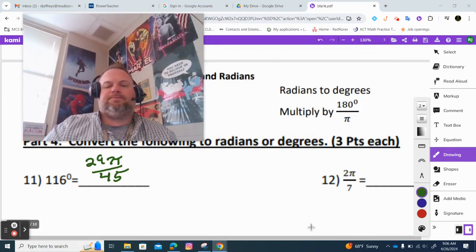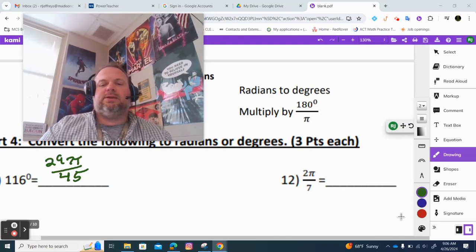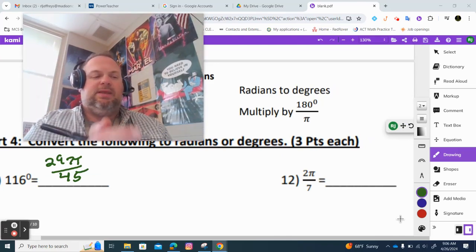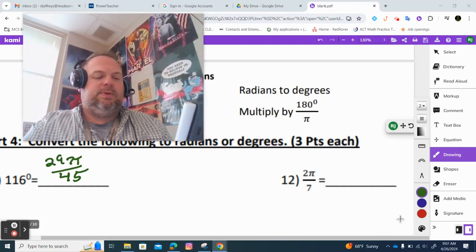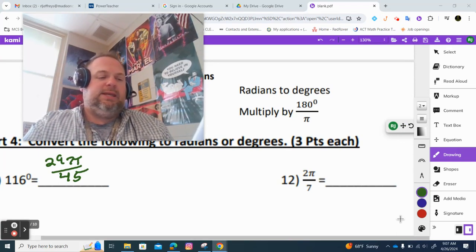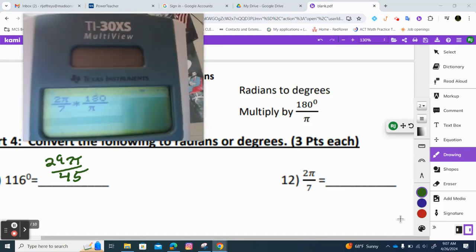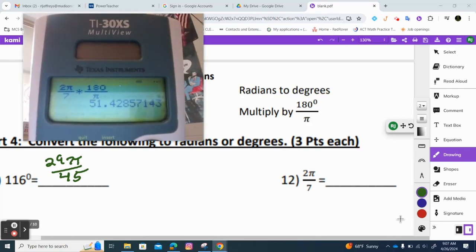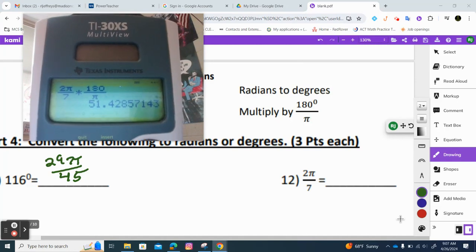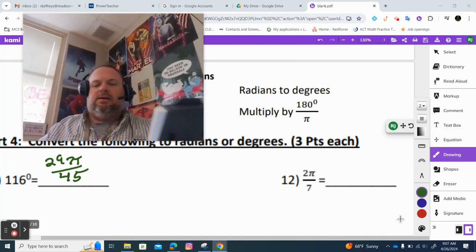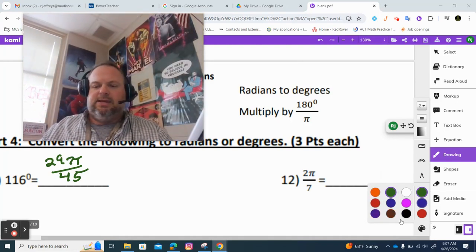All right. So doing this one, 2 pi over 7 times 180 over pi. All right. That's one way. Okay, we get 51.7. All right, so let's look at that.